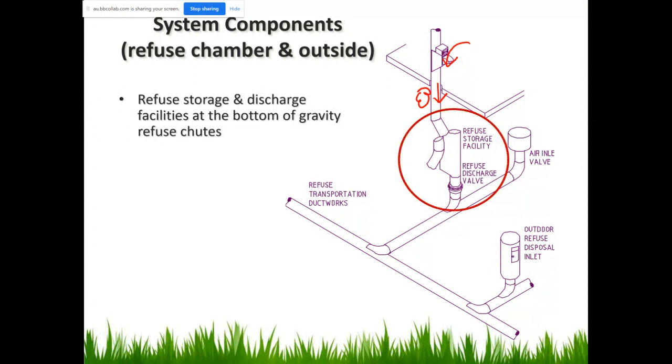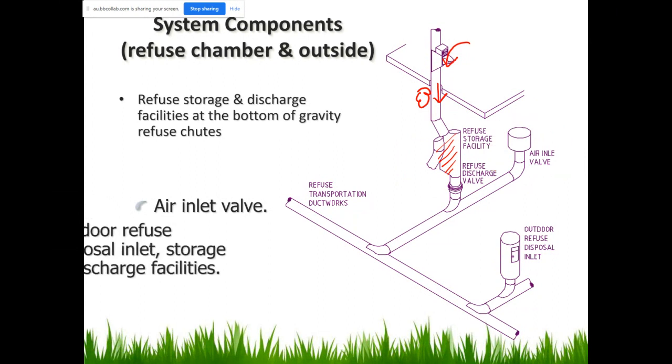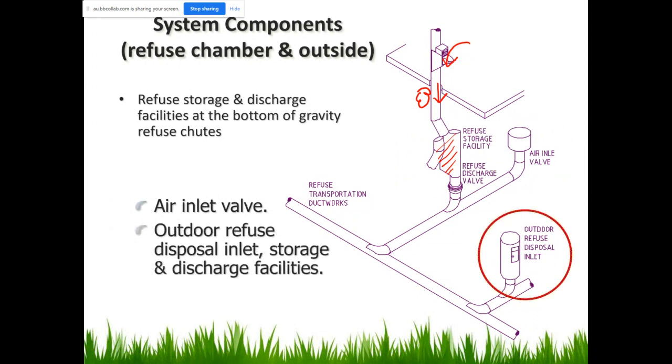And for this, the refuse will be at the bottom of the building. There may be some temporary storage areas reserved. So in here, this is a temporary reserved area, and then an air inlet, to get rid of the smell and balance the pressure of the system. And this one is indoor.